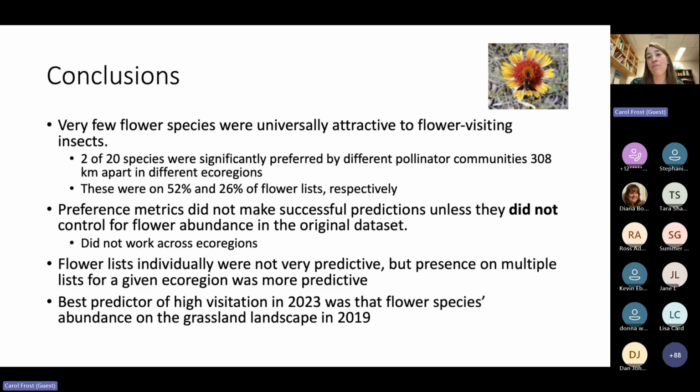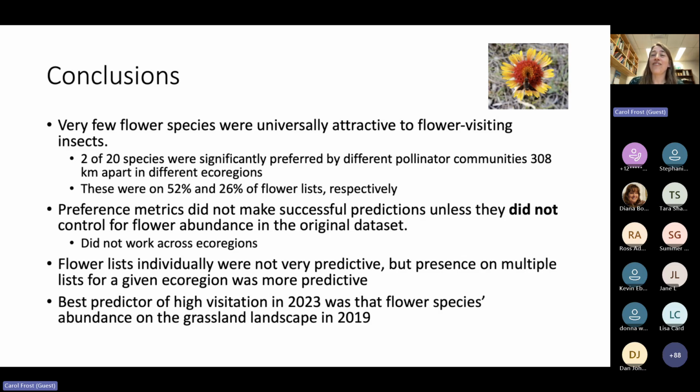In the grassland landscape, it sort of makes sense that if pollinators are used to encountering a species, they'll get used to handling it. Perhaps they'll develop a search image within their lives for it. So even though surrounding our study plots where we placed our potted plants there actually weren't high abundances of snowberry or yarrow, perhaps their general prevalence on the landscape down there makes them popular among flower visiting insects.